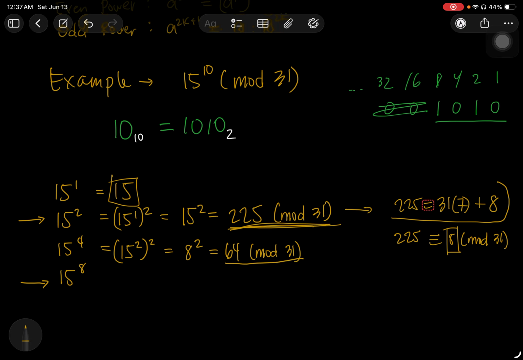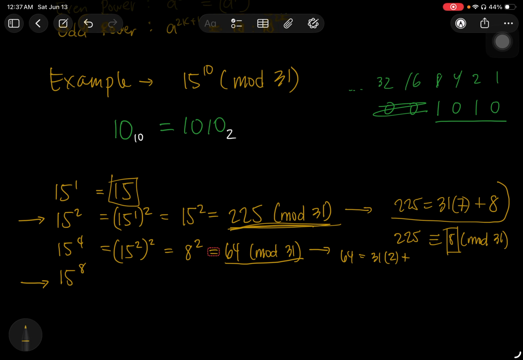So by doing again the division algorithm, 64 is equal to 31 multiplied by something plus something. So let's use 2. 31 times 2 would be 62.